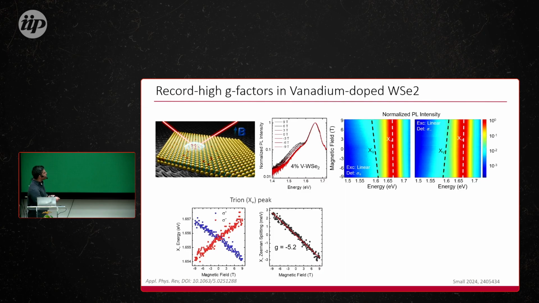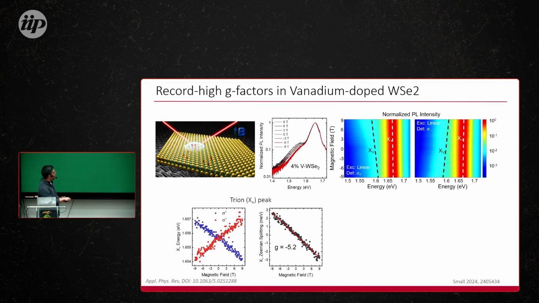So what we notice is, we just consider the position of this peak as a function of the magnetic field. What we actually observe here is the trion, this negatively charged exciton. These are the peaks for one direction, and here for the other direction, just tracking the position of this peak.